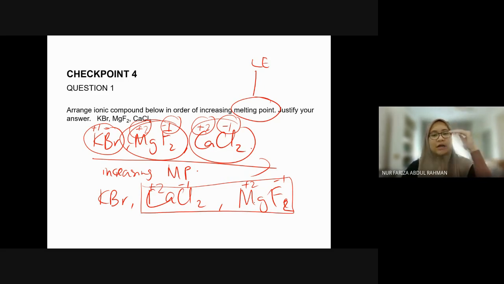Magnesium is located above calcium in a group. That means magnesium has smaller size. Smaller size, the attraction is stronger, therefore the lattice energy will be higher. When the lattice energy is higher, that means the melting point should be higher.